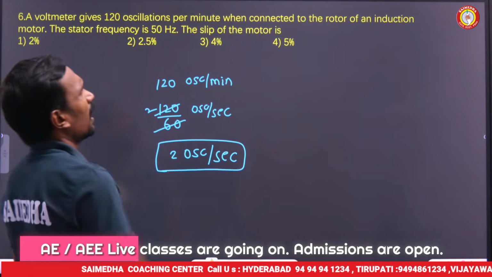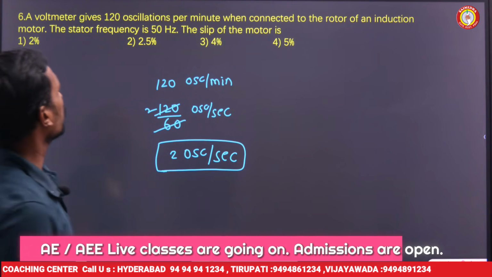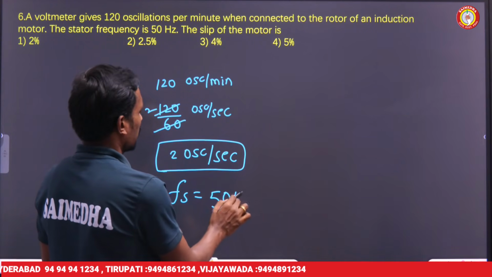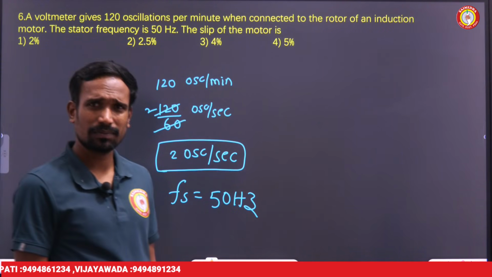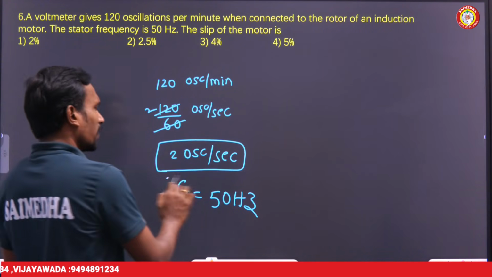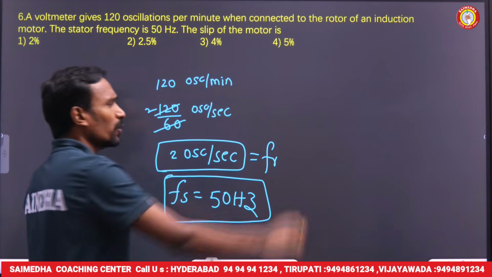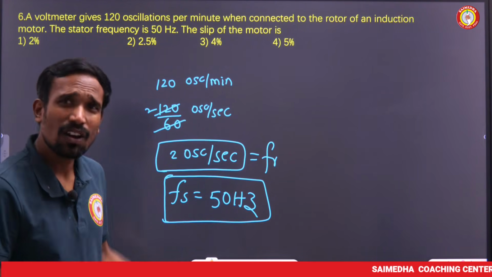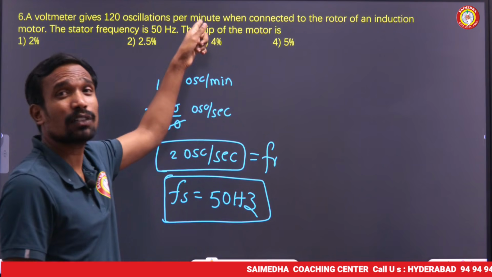It is connected to the rotor of an induction motor. The stator frequency they gave is 50 Hz. Then the slip of the motor? Indirectly they gave the rotor frequency, which is 2 Hz, oscillations per second, not in terms of minutes.